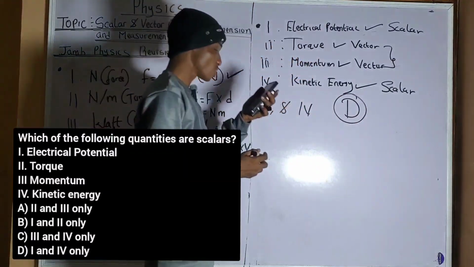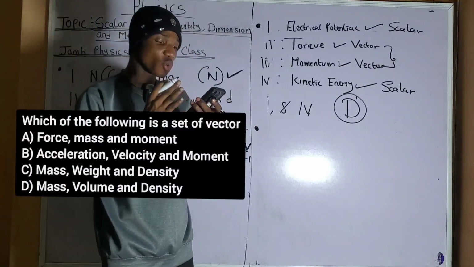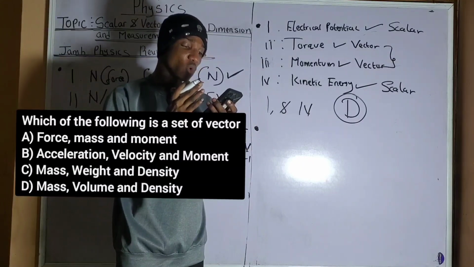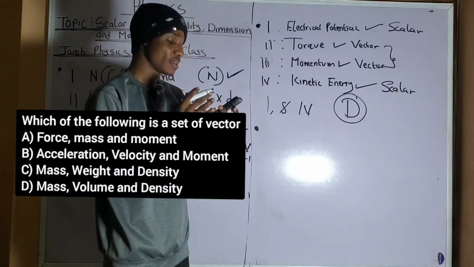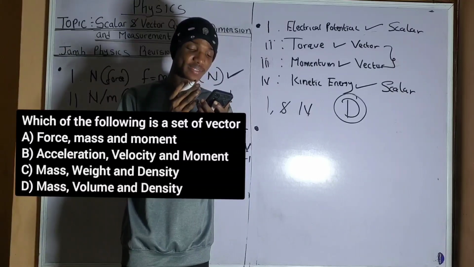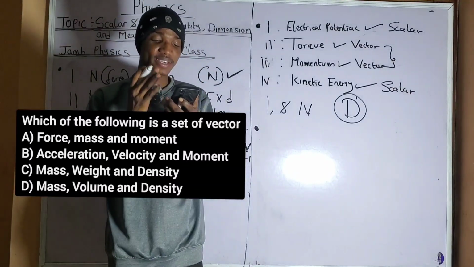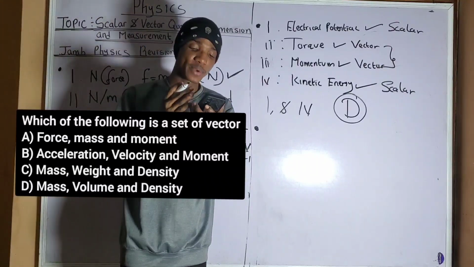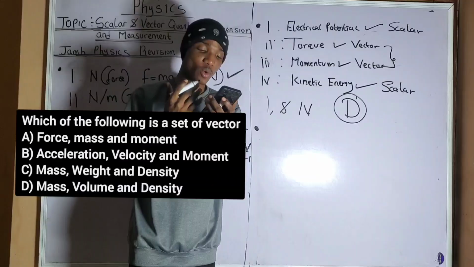Okay, so let us look at the next question. Okay, which of the following is a set of vectors? A, force, mass and moment. B, acceleration, velocity and moment. C, mass, weight and density. D, mass, volume and density. Okay, now let us examine the options one by one.